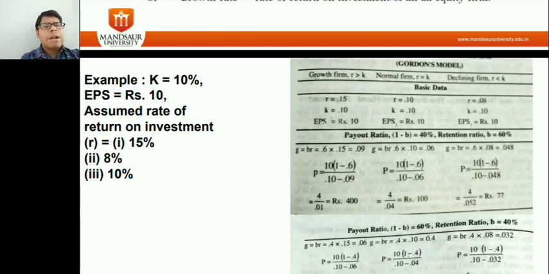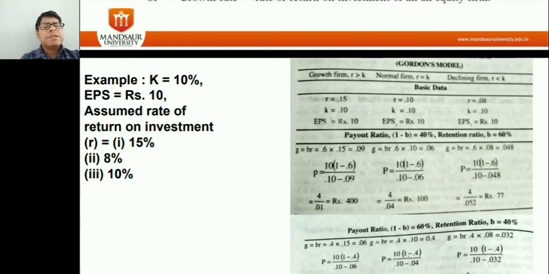Now when we apply this formula, E into (1 minus B), where B is the retention ratio, that is 0.6, divided by K minus BR, where K is 0.10 minus 0.09.